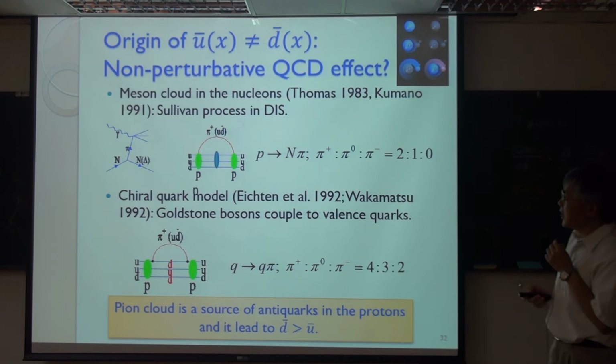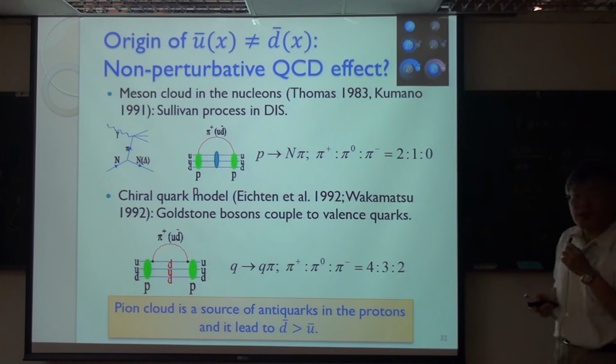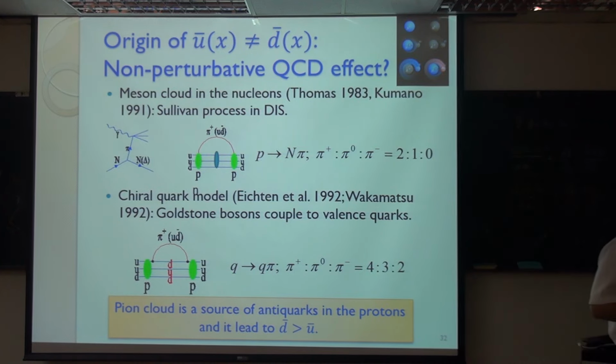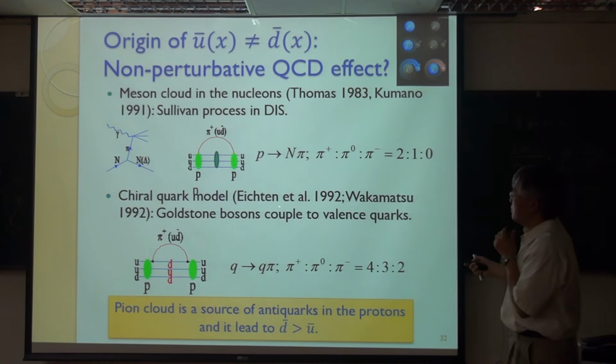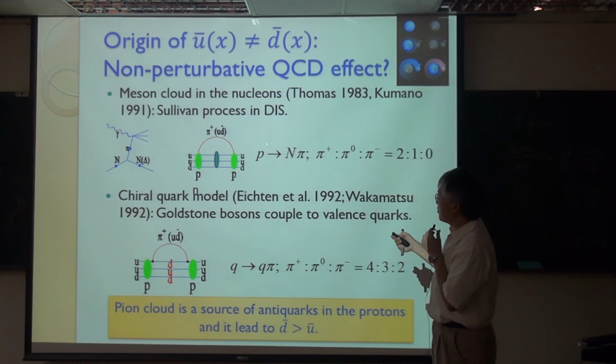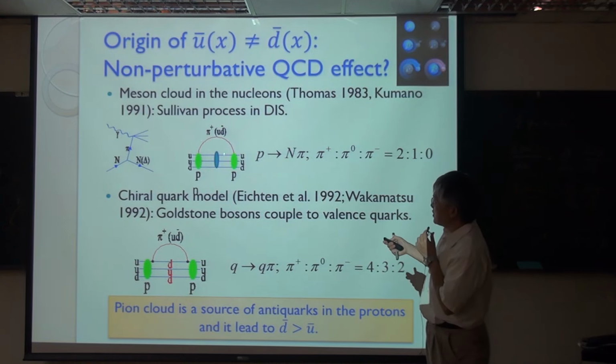Right now, I think in the community, the most accepted physics picture is the meson cloud model. If you imagine the proton, it can also be viewed as surrounded by some pion mesons.